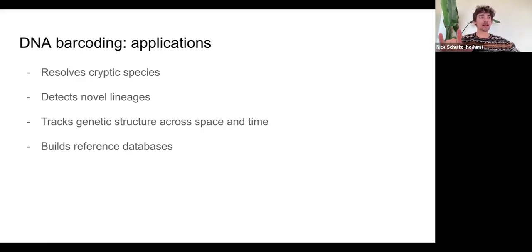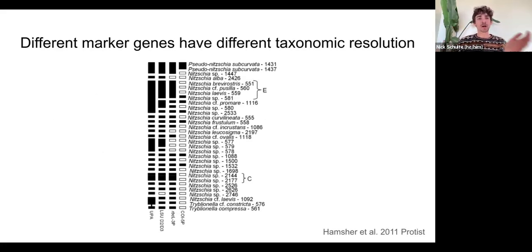And we can now use that information, when we have an unknown sequence, to relate that back to a known taxonomy. So, like I said, there are a couple of different markers that are commonly used for DNA barcoding and understanding genetic variation within and across species.